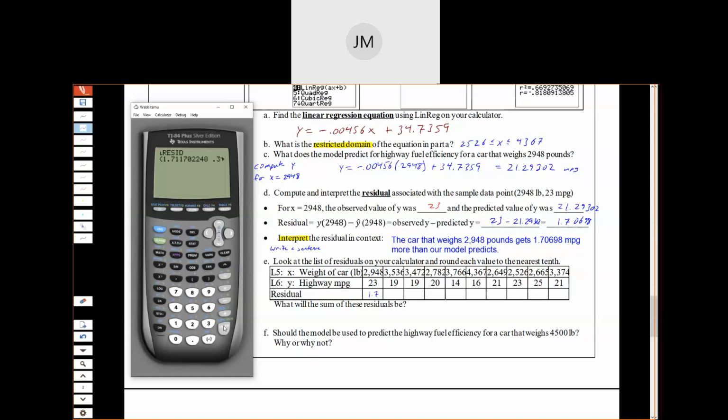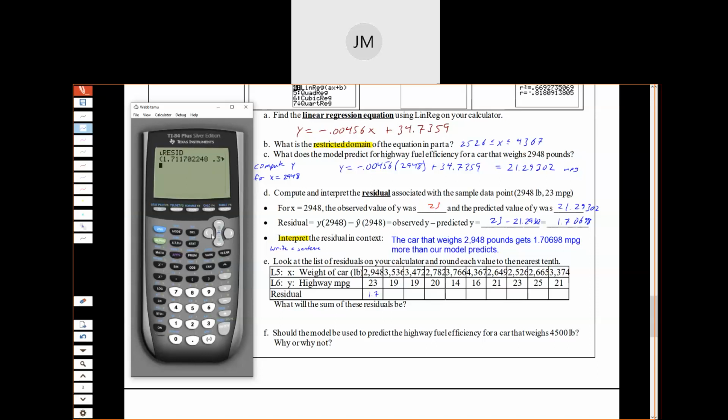So you can hit that, and that'll give you all of your residuals. This is kind of a cumbersome way to look at your residuals.